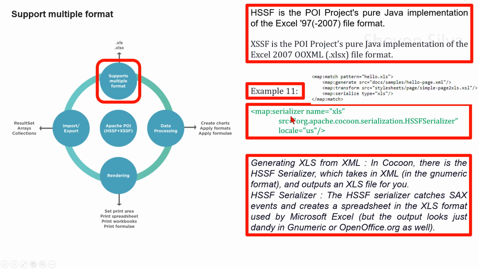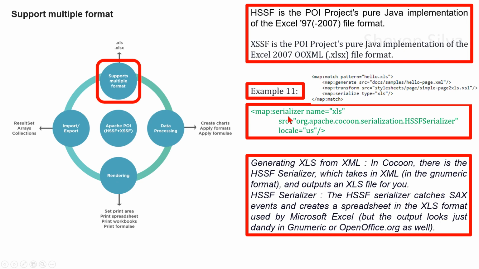The HSSF serializer catches SAX events and creates a spreadsheet in the XLS format used by Microsoft Excel, but the output looks just dandy in Gnumeric or OpenOffice.org as well.